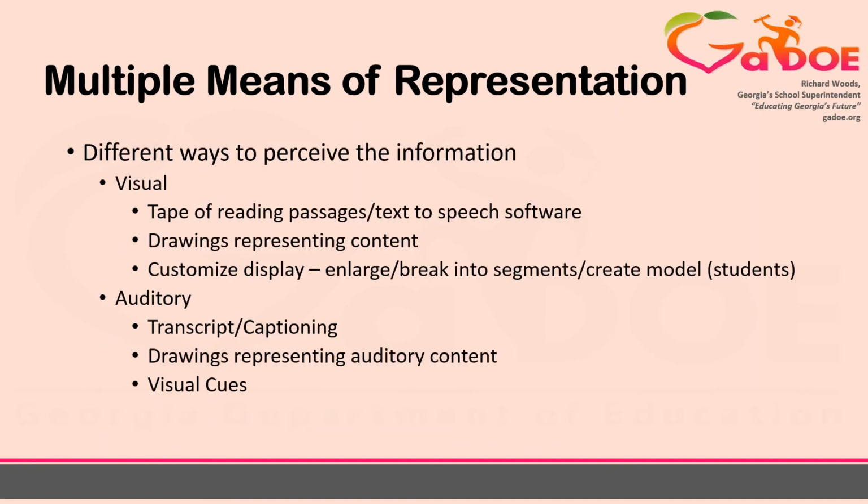We need to consider multiple means on how we can represent the content we are providing. This can not only be by varying the types of materials the students use, but also by varying the instructional goals and the methods that we use. We can look at different ways that students perceive the materials presented, such as providing options for materials that are presented visually or options for materials that we present in an auditory format.